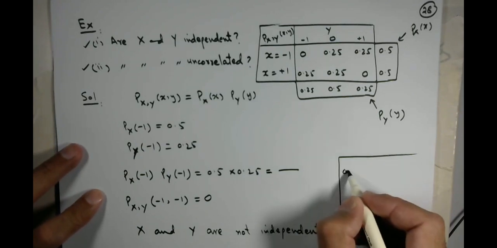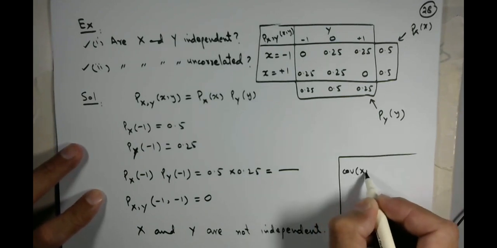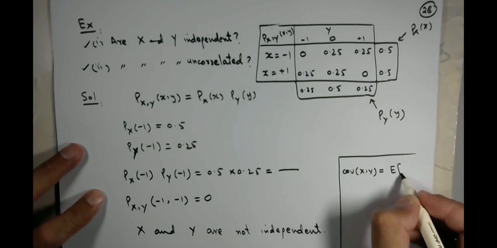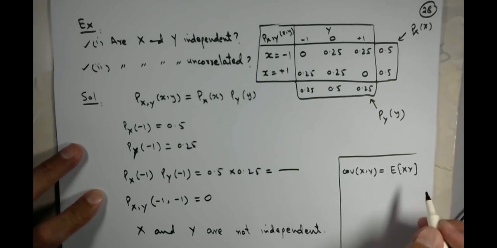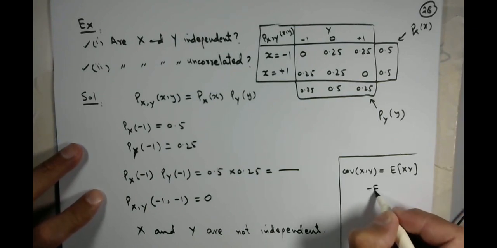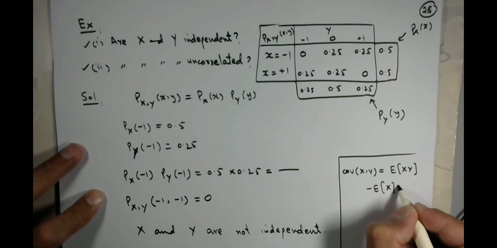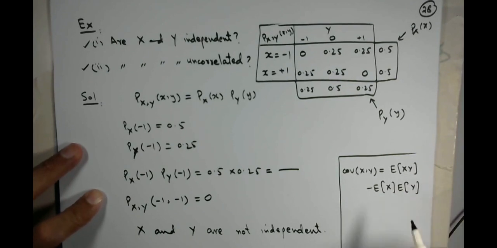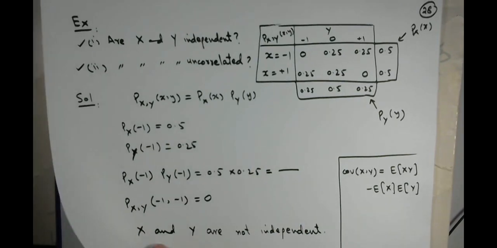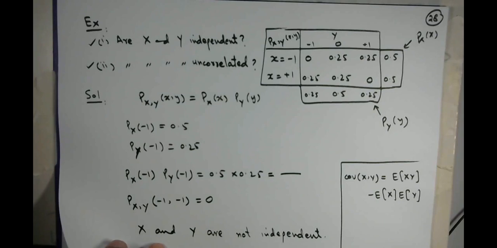If you recall, covariance of x and y is the expectation of the product minus the product of the individual expectations. And covariance is equal to 0 would mean that the two random variables are uncorrelated. But please do solve this as your homework.